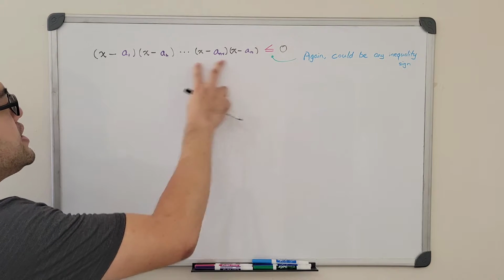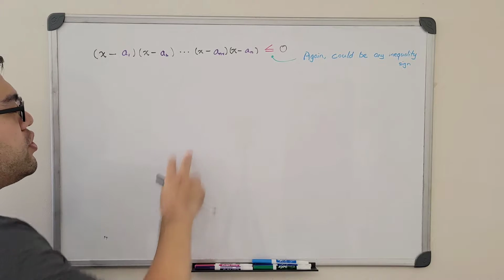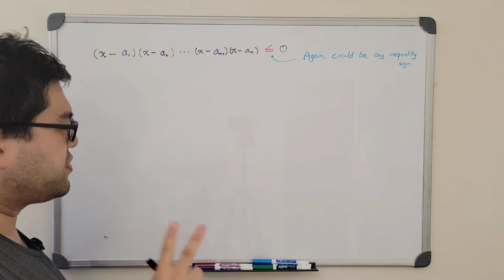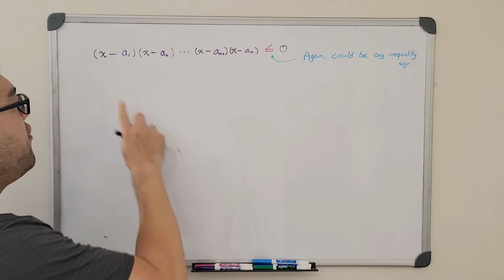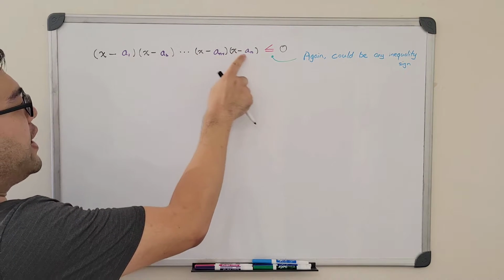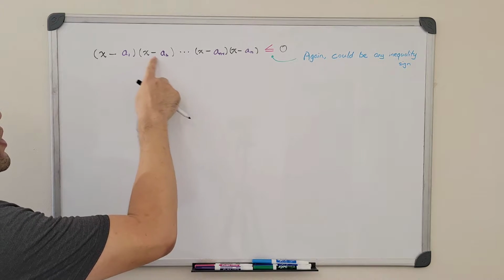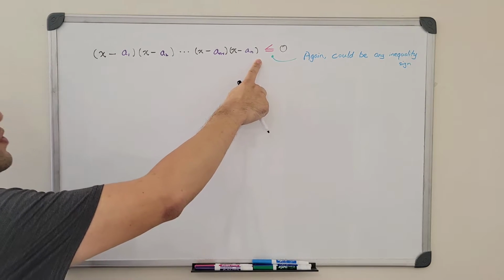So we see that in this case there are 2 different things in our setup. First, we have exactly n different roots. So we have a1, a2, all the way up to an.